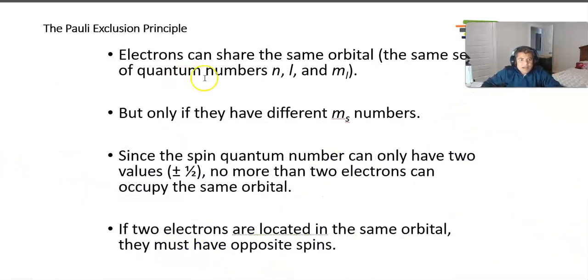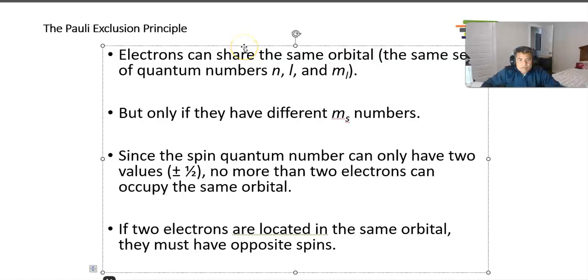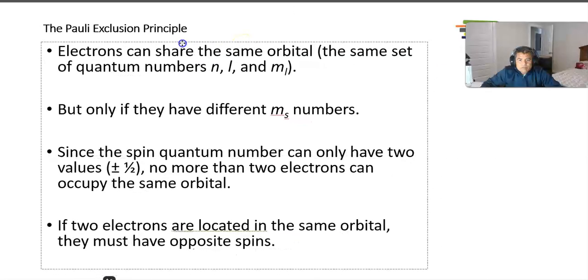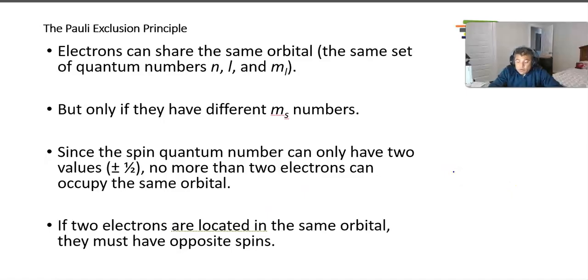So, no more than 2 electrons. That is the Pauli exclusion principle. The Pauli exclusion principle also says that the spin quantum number can only have 2 values.